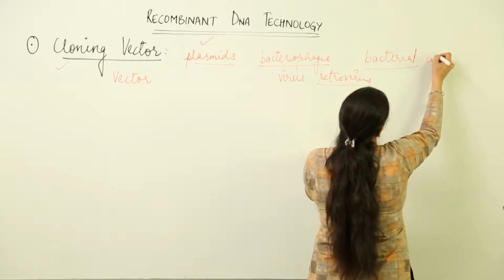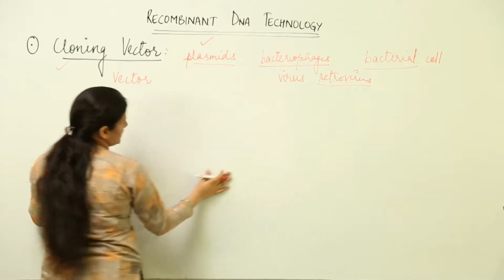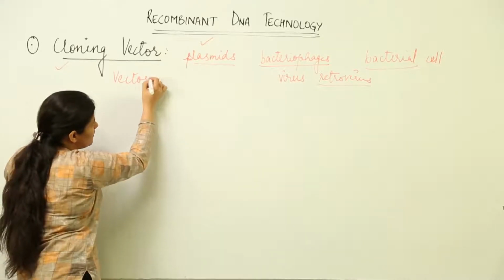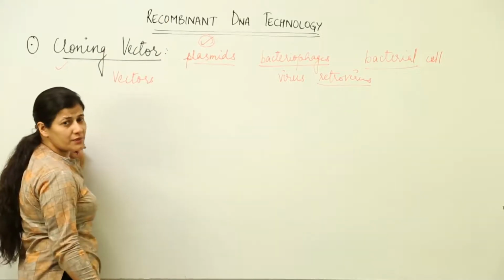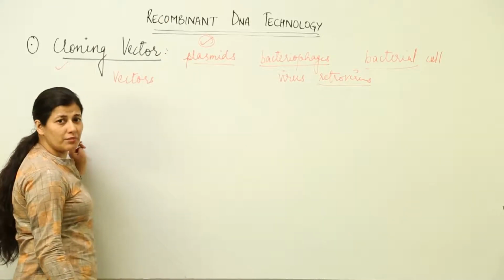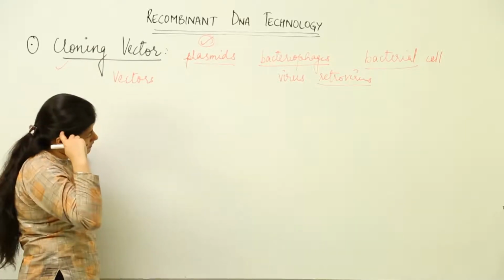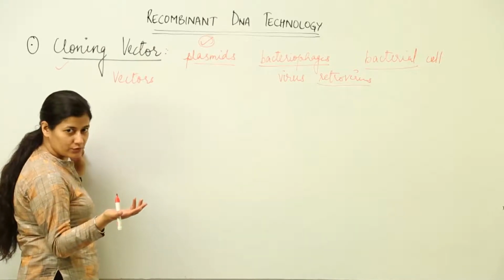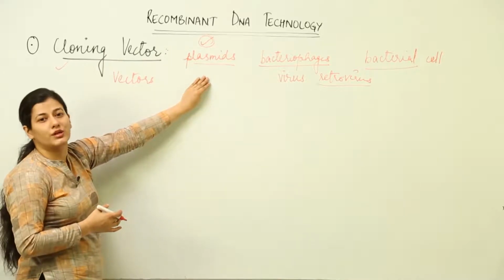We talk about host as the next tool, so we'll have a next lesson dedicated to that, but for now we have vectors. The most suitable vector is plasmid. As we had talked about, the first recombinant DNA molecule that was artificially made by Stanley Cohen, he had studied in depth about plasmids. So we are going to take the plasmid as the cloning vector.